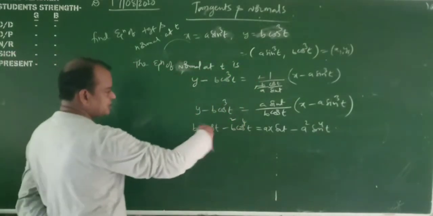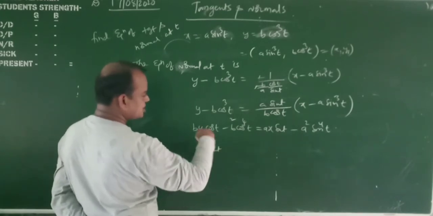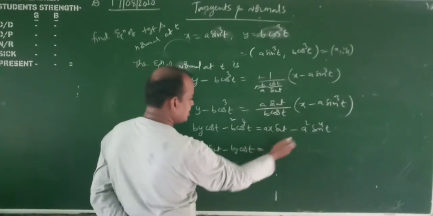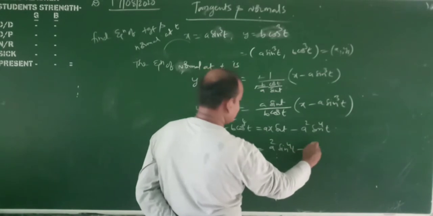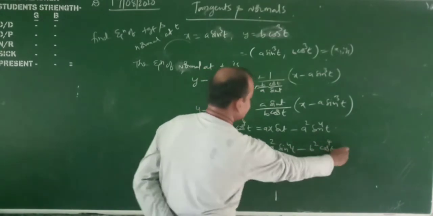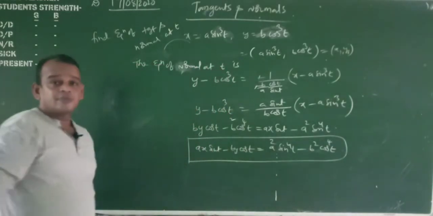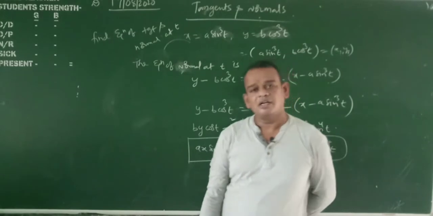So this is this side and that side: ax sin t minus by cos t is equal to a square sin power 4t minus b square cos power 4t. Leave this one. In this way, we will find the equation of tangent and normal.